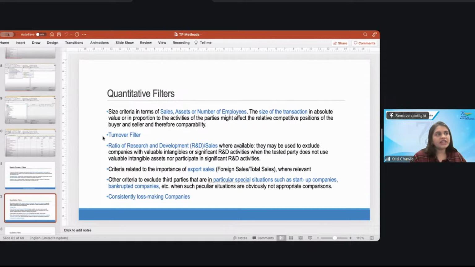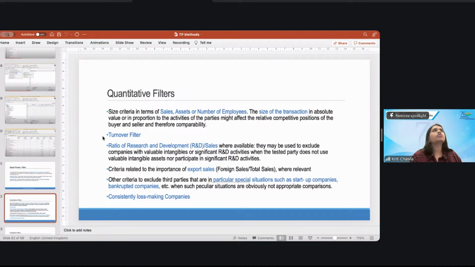So the kind of filter that we apply is maybe 10 times the turnover, or 7 times the turnover, or something like that. Or we can give them a bracket, 0 to 100 crore companies, so that will exclude companies which have a turnover of more than 1,000 crores or 500 crores, etc.